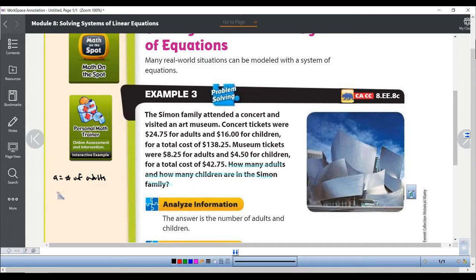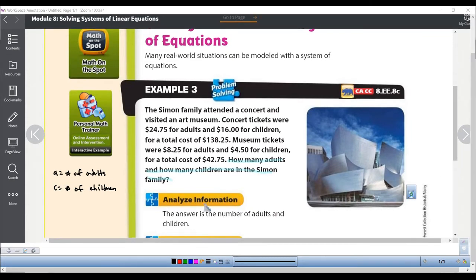And I'm going to let C equal the number of children. Okay, so we have our two unknowns. And then, of course, we want to create two equations, right? Because a system of linear equations, the ones we're doing, is two equations with two unknowns.